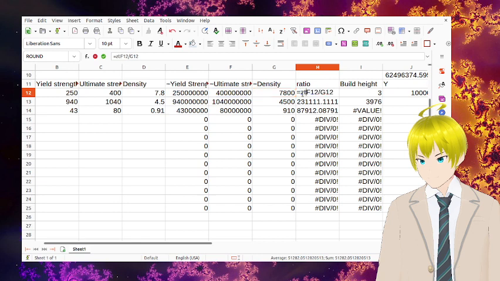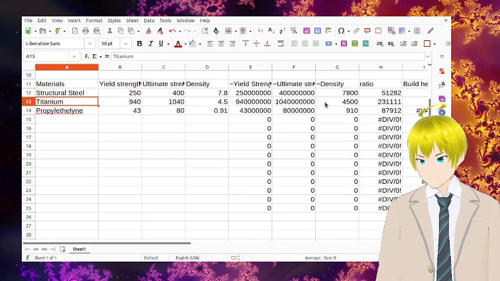I want to round this to 2 digits or just 1, like that. Yeah, so this is a lot bigger actually. I'm a little bit surprised that this material has such a much bigger ratio. I guess it has a much higher yield strength and a lower density, so the ratio of yield strength over density is much higher.